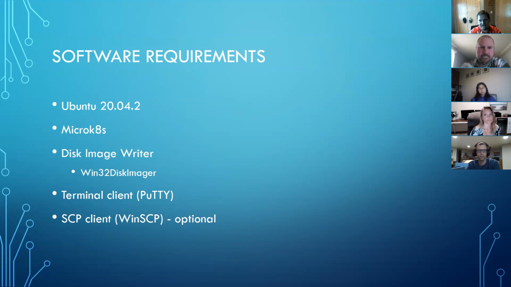SCP is just a fast, easy way of using SSH to transfer files to and from your Raspberry Pi, so that you can easily use a USB drive and plug it in, mount it, and do all that kind of stuff. But once you get comfortable with the command line and using SSH and using PuTTY, it's a lot quicker just to issue commands and copy stuff directly to it that way.